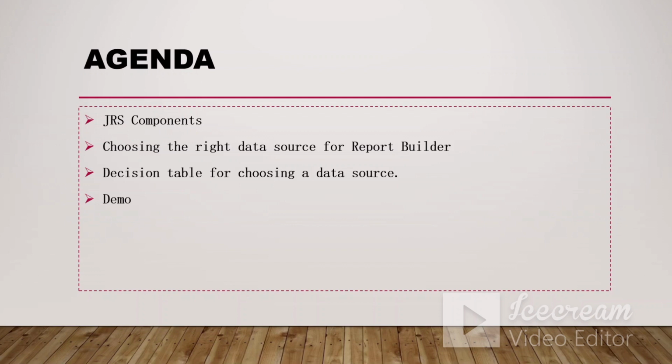First is JRS reporting service components. Basically, JRS reporting service is the default reporting tool for the IBM Engineering Lifecycle Management solutions. JRS reporting service uses three components to create reports across products. First is report builder. It provides an easy to use interface where you can create your own reports or run predefined reports.